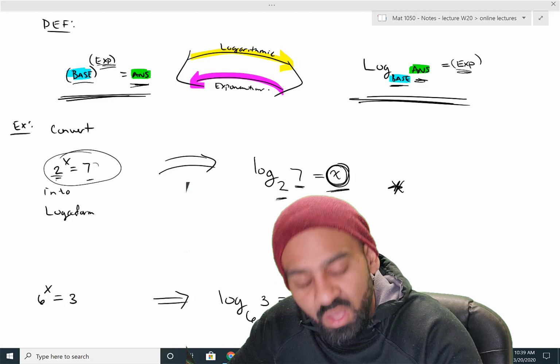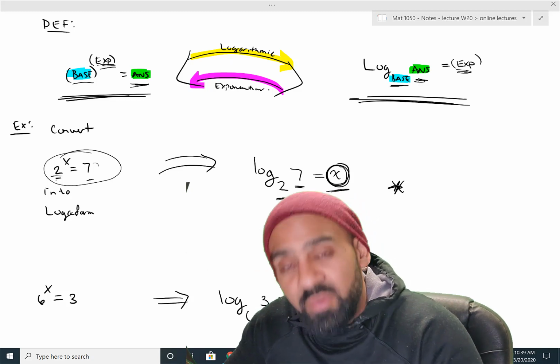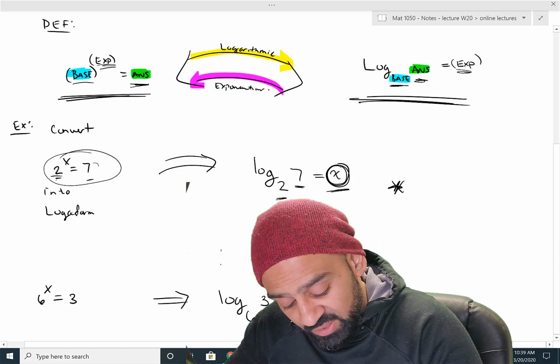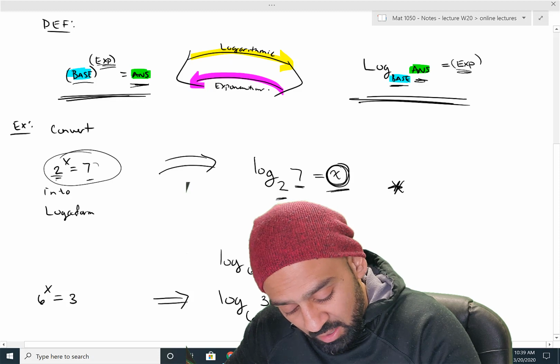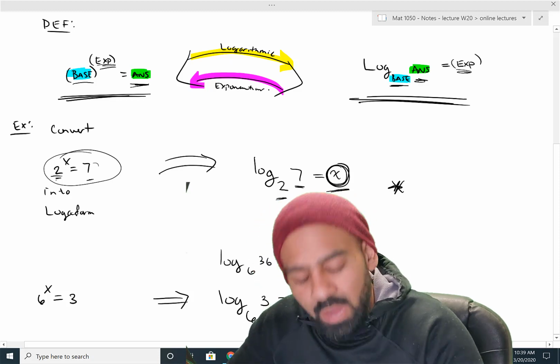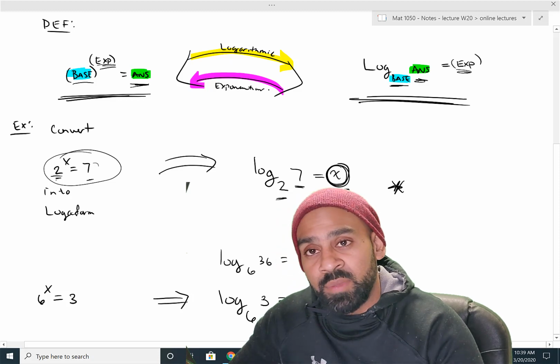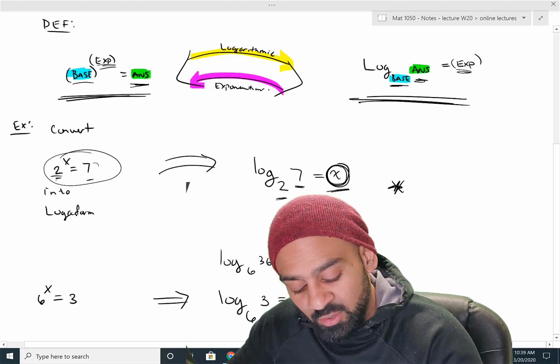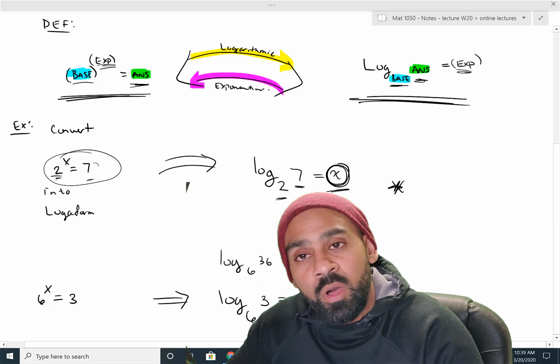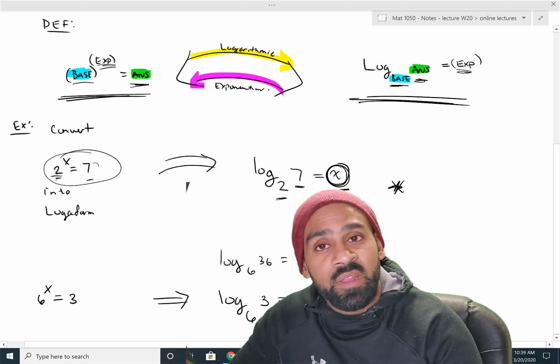Like this one evaluates nicely, and I'm going to show you how to do these. This one ends up being the number 2. Well, this one does not end up being 2.